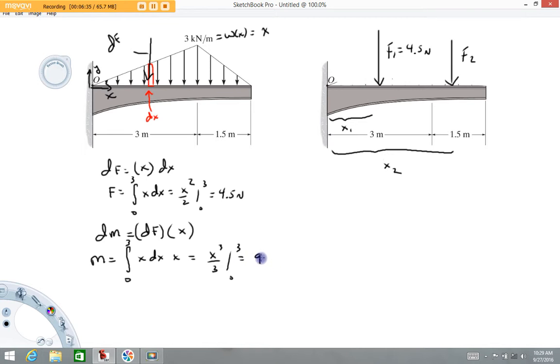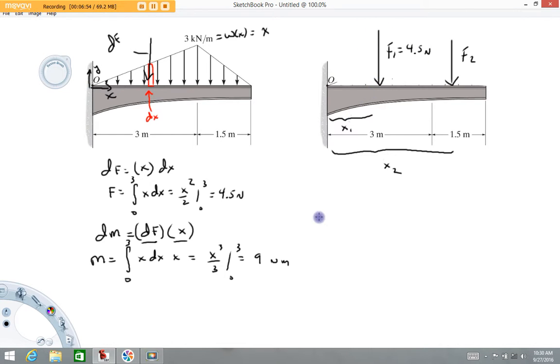Now when I put units in this, newton meter, because this was in newtons and this in meters. So I know that the net moment needs to be 9 newton meters created by this distributed load about this point. Therefore, looking over here now, I'm going to deal with F1.